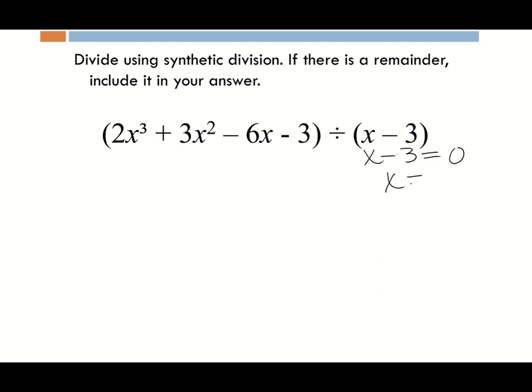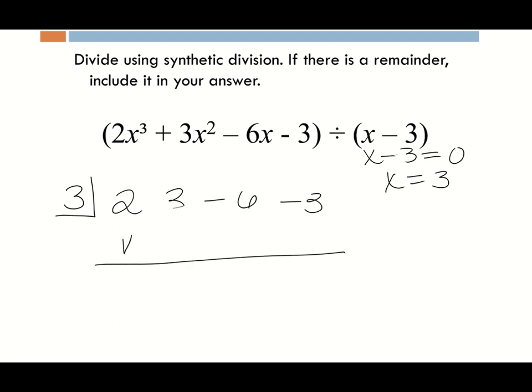So x is equal to 3. So we're going to set up using 3, and then use all of our coefficients. We go from x cubed all the way down to our constant, so we don't have to use any zeros. We just have 2, 3, negative 6, and negative 3.